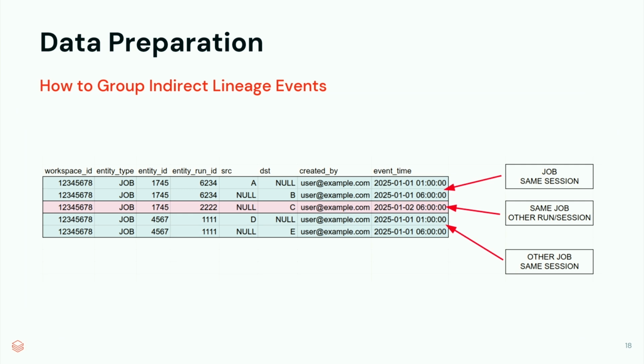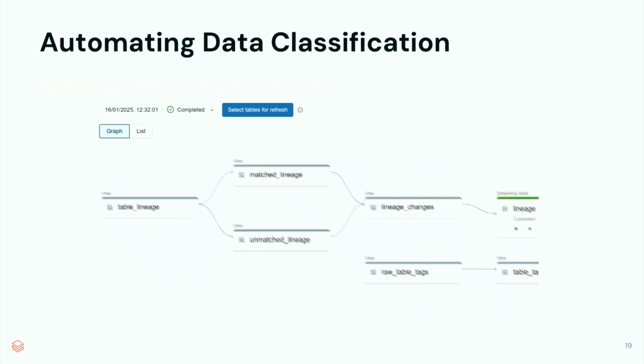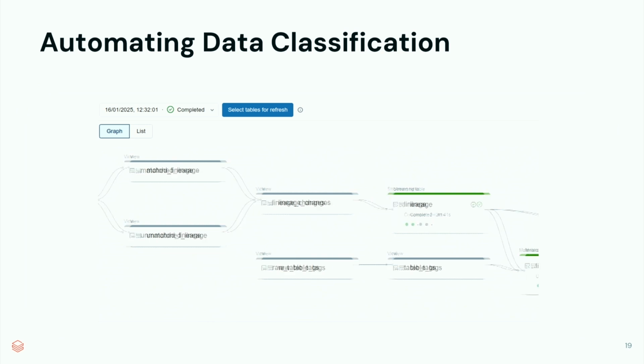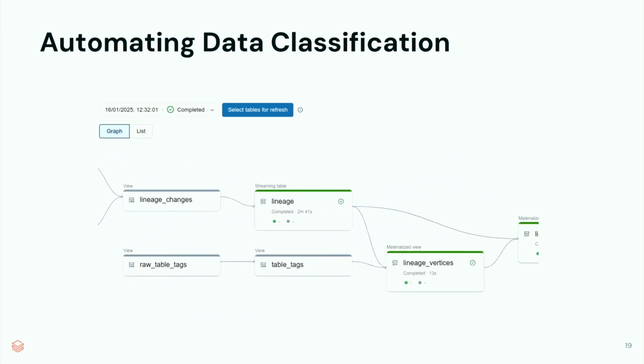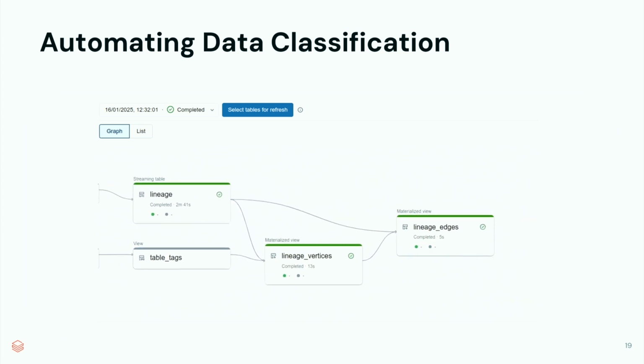So even with the same timestamp, in this case it is another job, but both those rows are in the same session. So this is an example of our DLT pipeline, like the diagram that I showed before.